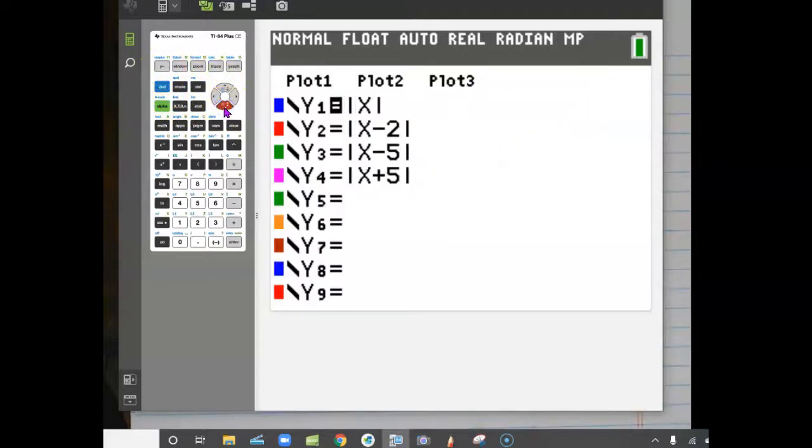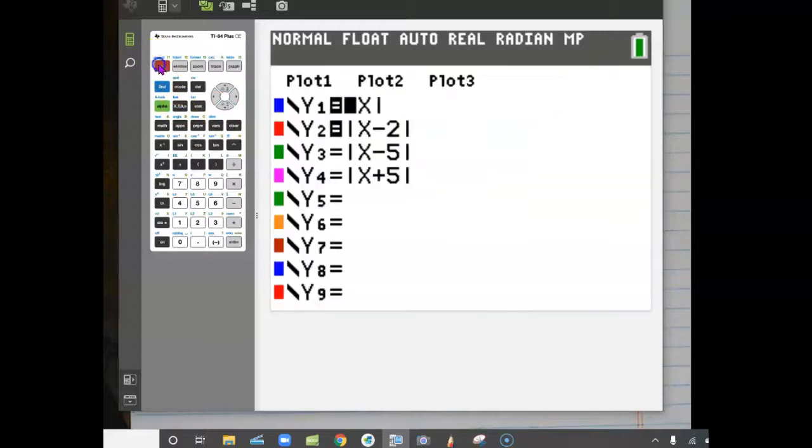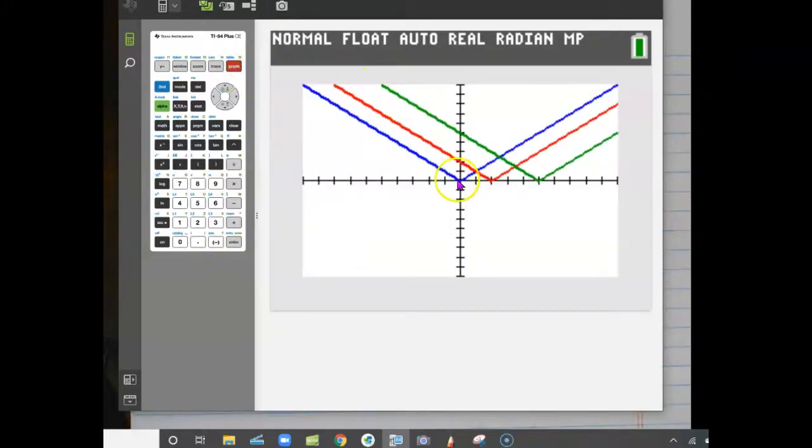This is the one we just graphed by hand, |x minus 2|. It shifted 2 over on x. So what do you think is going to happen with |x minus 5|? It's similar to |x minus 2|. It's probably going to shift to the right 5. And so in green, we have 1, 2, 3, 4, 5.